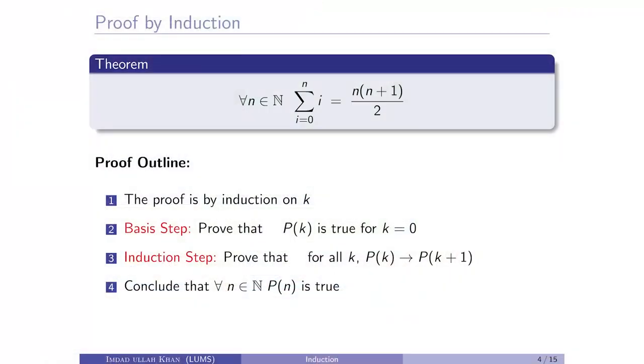Okay, so this is an outline for almost all kinds of proofs which we'll be doing using induction. The first step is that we will be establishing the base case. Sometimes we call it the basis step, where we establish P naught, which is the starting point of your loop, right?